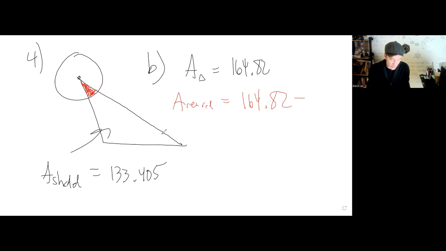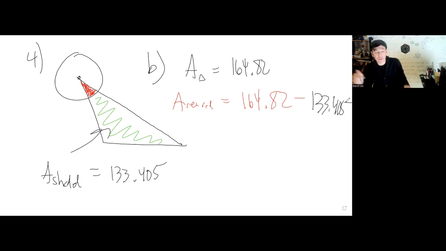Just use a different color for that, I suppose. Just go green. And so we can find the area of the red by going the whole triangle minus the green stuff. And that says 31.416. That's the area of the red.